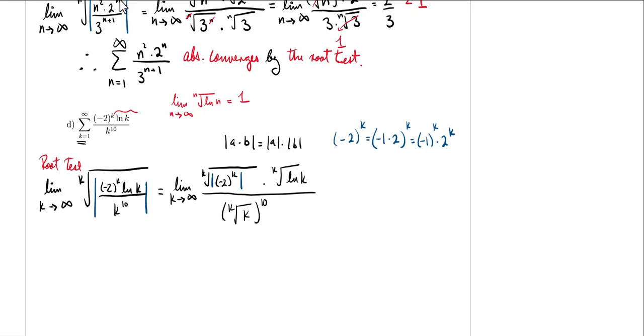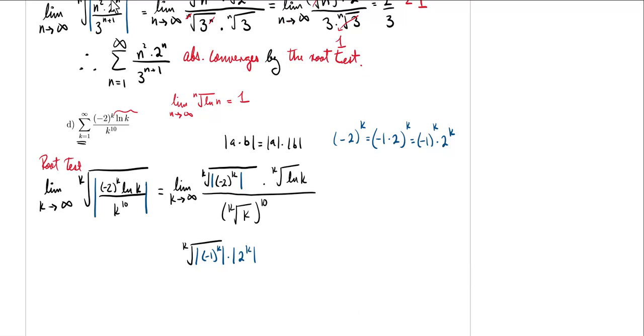Now, if I'm taking then the kth root of the absolute value of negative 2 to the k, I can easily rewrite this one here as the absolute value of negative 1 to the k times the absolute value of 2 to the k. Now, one more simplification here.